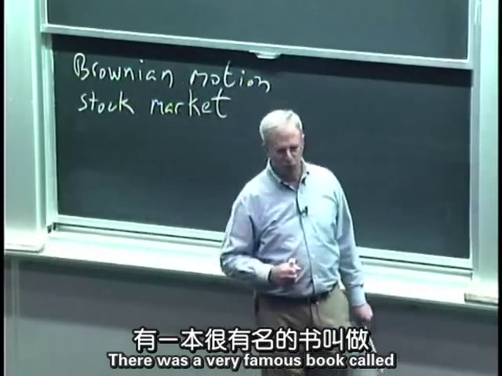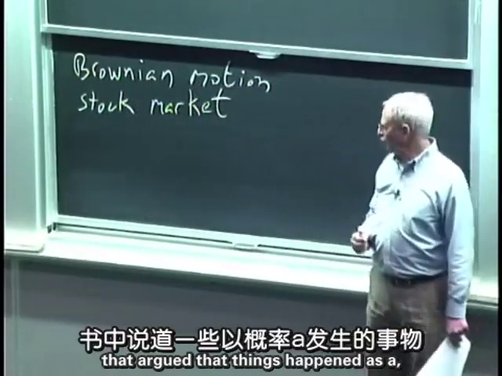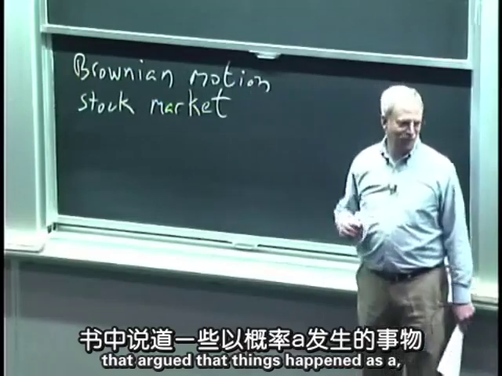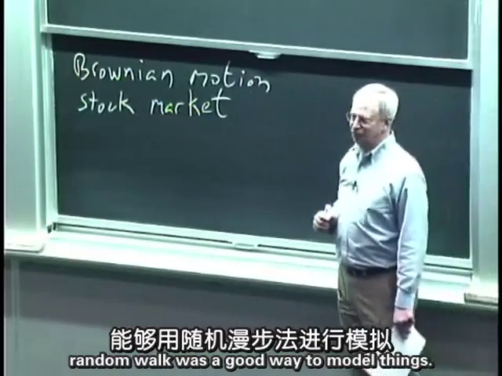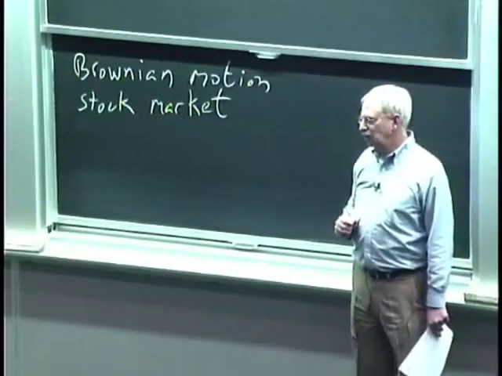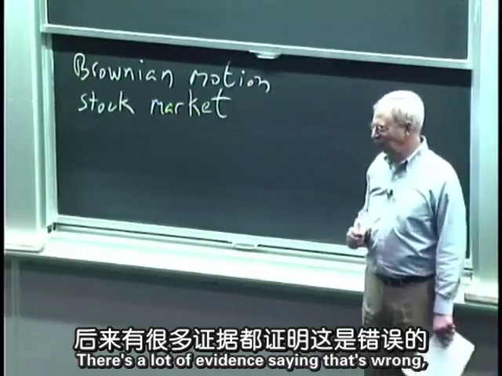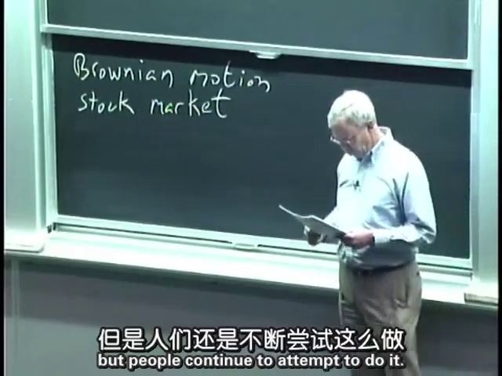There was a very famous book called A Random Walk Down Wall Street that argued that a random walk was a good way to model things. There's a lot of evidence that says that's wrong, but people continue to attempt to do it.